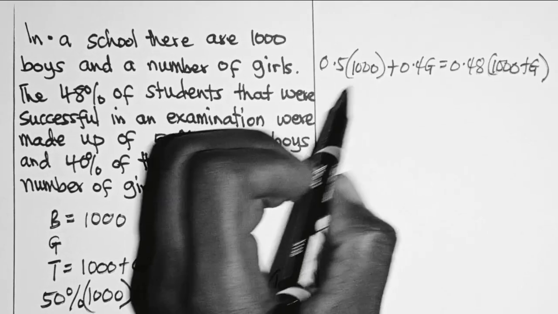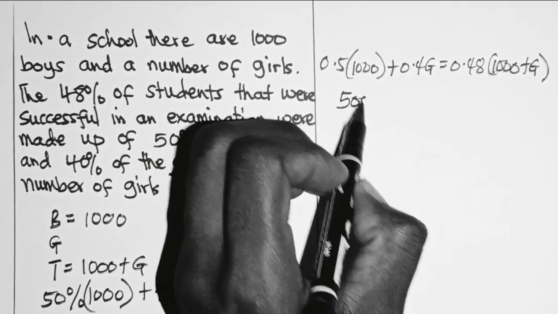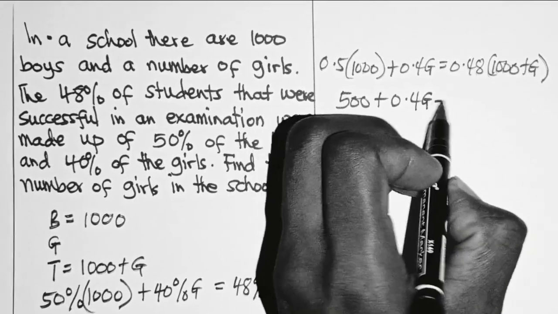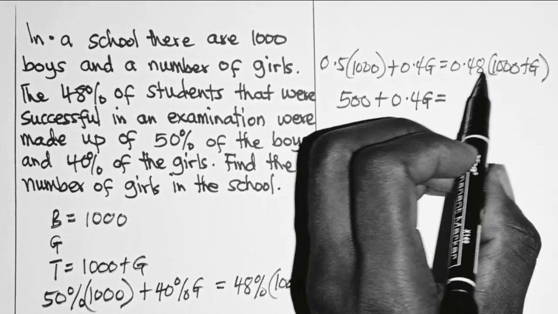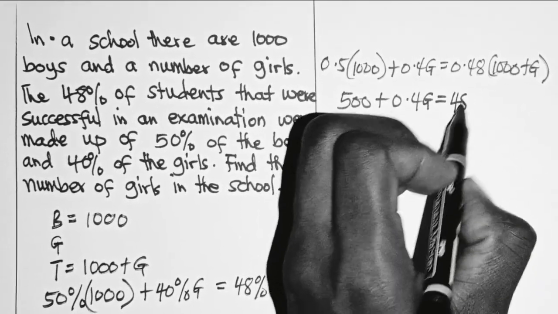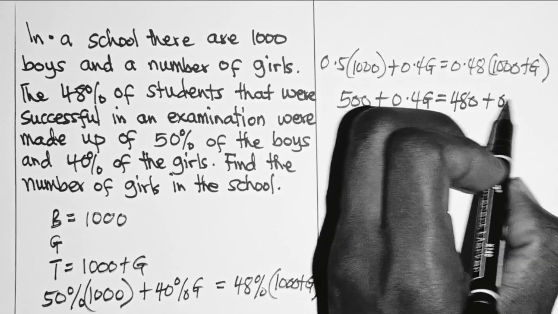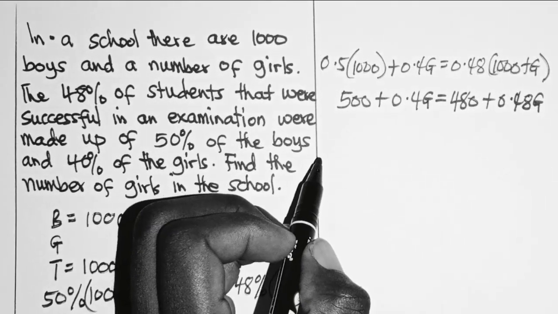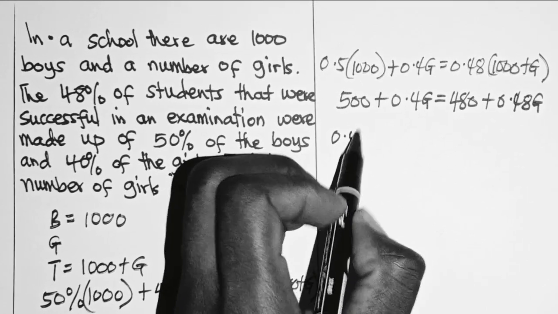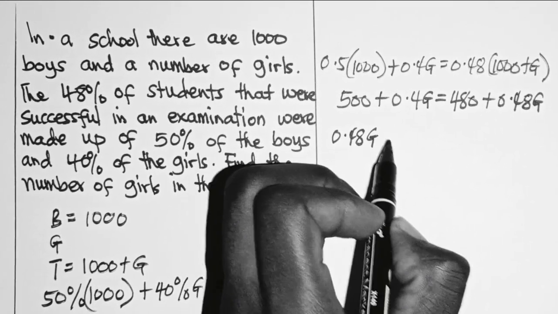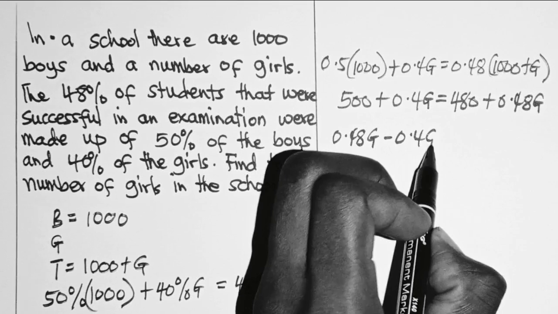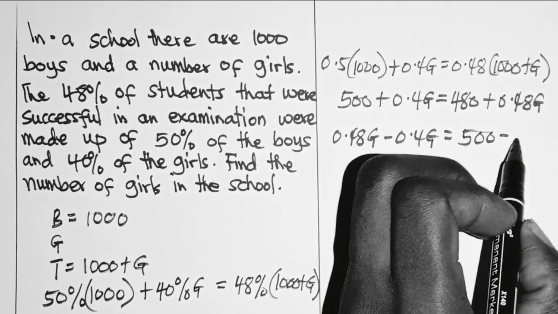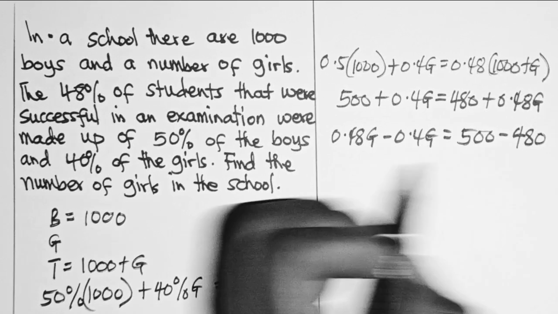So 0.5 times 1,000 is 500 plus 0.4 Jamb equals 0.48 times 1,000 is 480 plus 0.48 Jamb. So if we group like terms, it becomes 0.48 Jamb minus 0.4 Jamb equals 500 minus 480.